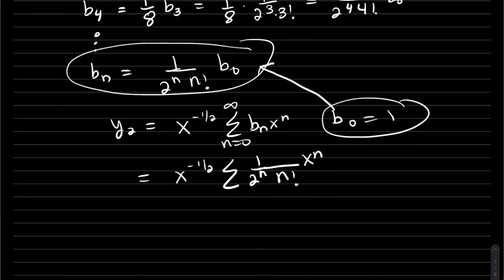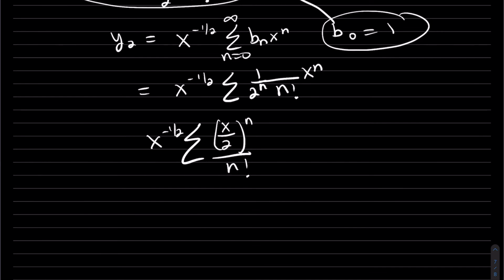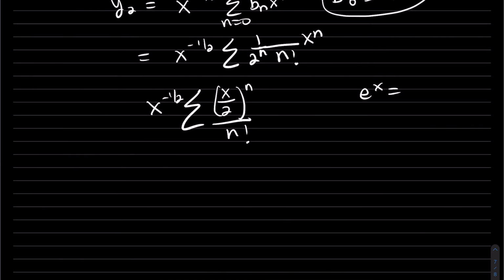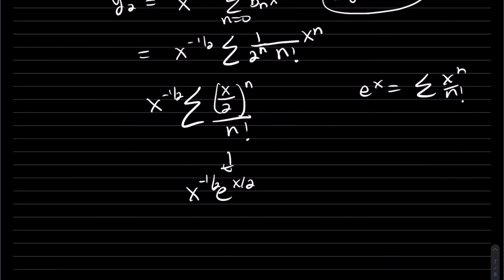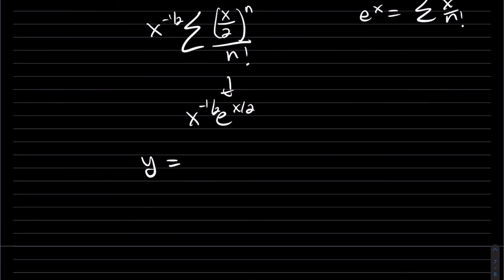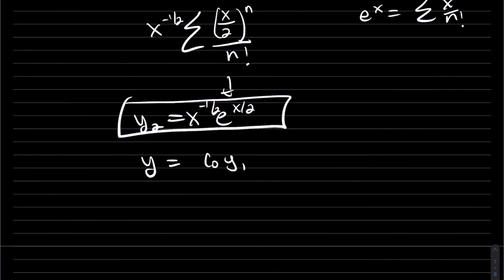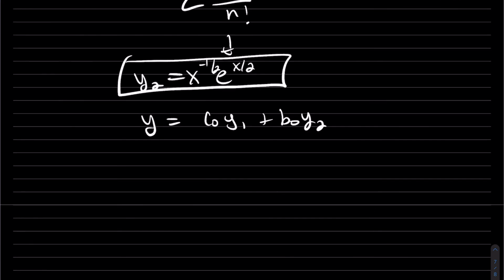And then cleaning this up, remember, e to the x is the sum of x to the n over n factorial. So this is basically e to the x over 2. So our y, this is our y2, equals c naught y1 plus b naught y2. And that's it.